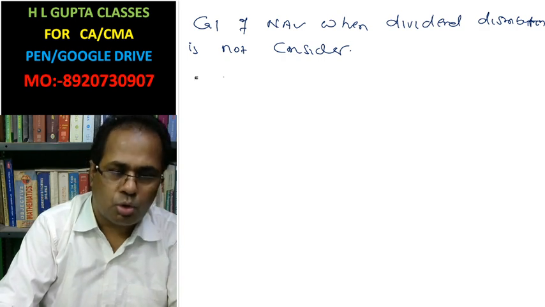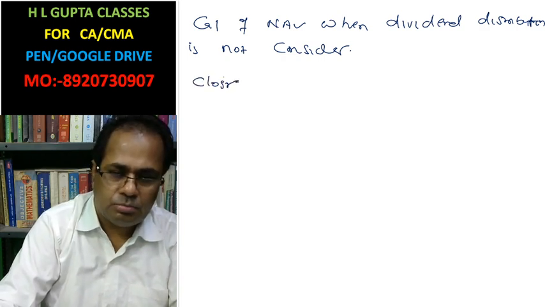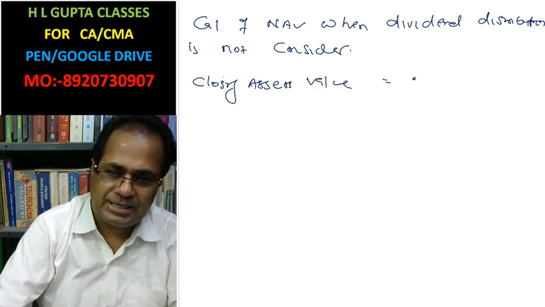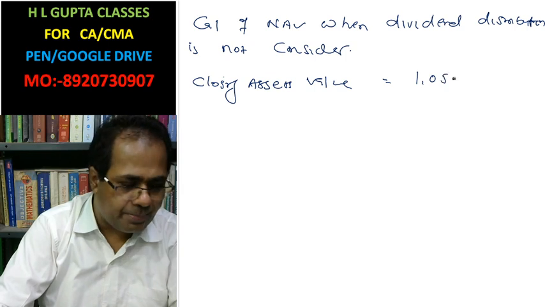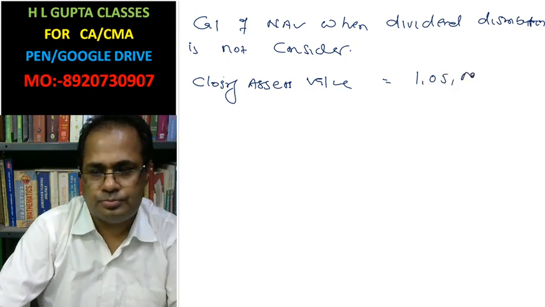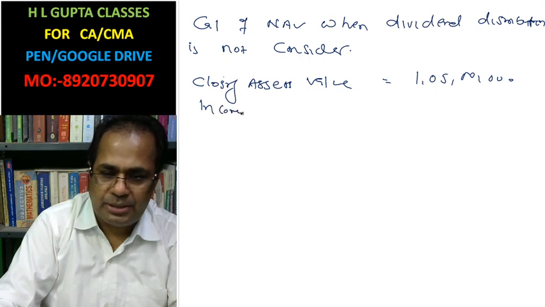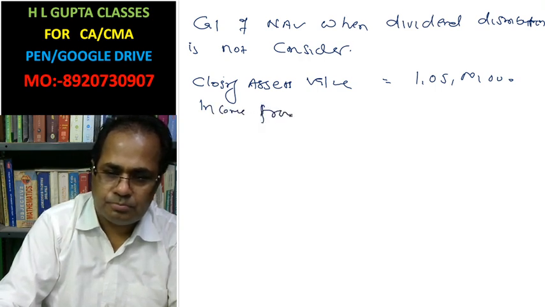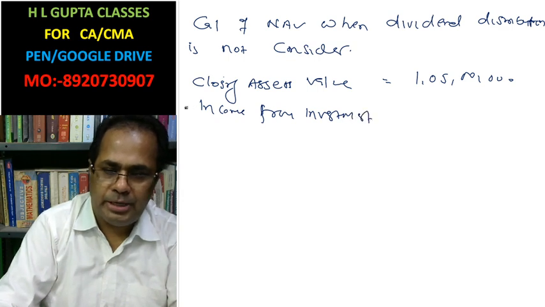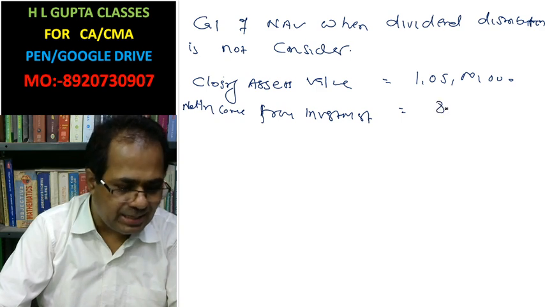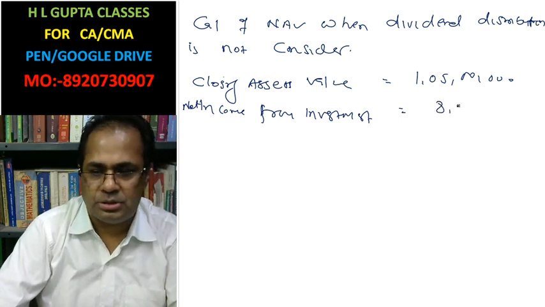Okay. Closing assets value is 1 crore 5 lakh. Net income from investment is 8 lakh 51,000.